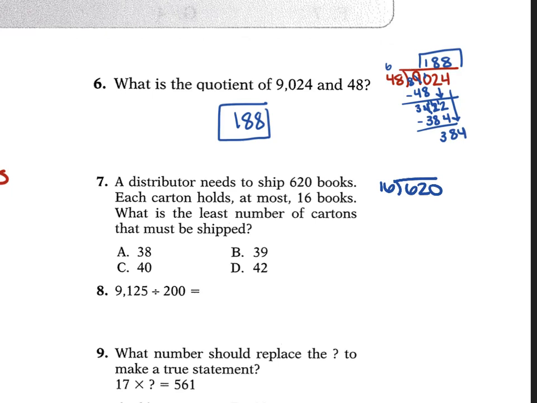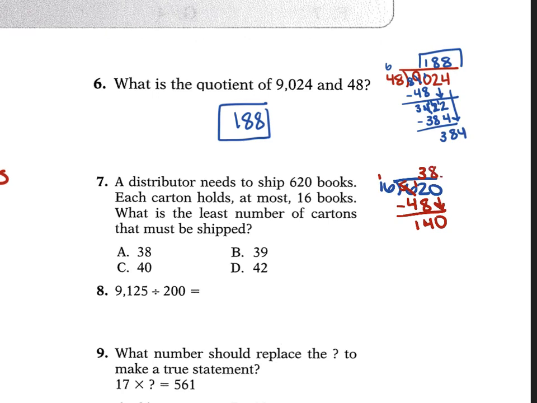We are going to do 16 goes into 6 no times. 16 goes into 62 3 times. 6 times 3 is 18. Carry the 1. 3 times 1 plus 1 gives us 4. So we can subtract these. That's going to become a 12. This becomes a 5. So that is 14. The 0 comes down. 16 goes into 148 times.